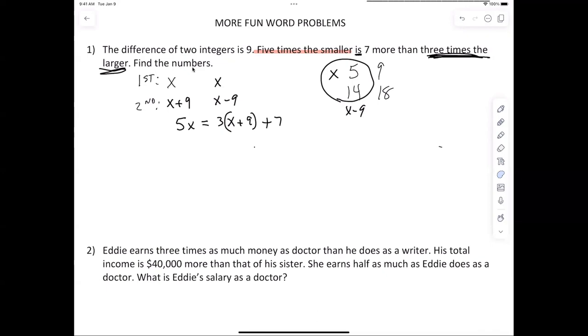Now we just have to solve this out real quick. Of course, that's the easy work. So now 5x equals 3x plus 27 plus 7.